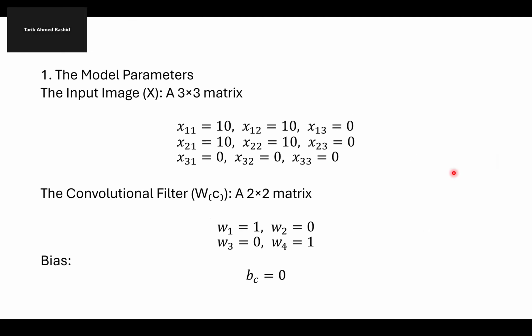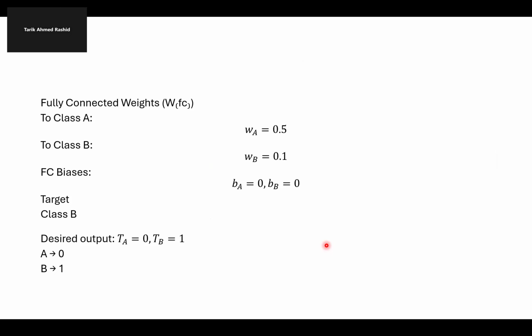You have two neurons. Now, this is the image that you have: 10, 10, 10, 0, 10, 10, 0, 0, 0, and the filter is 1, 0, 0, 1. Then you have the weight at the output layer, WA 0.5, and WB 0.1 for neuron B. Now the target for A is 0, target for B is 1.